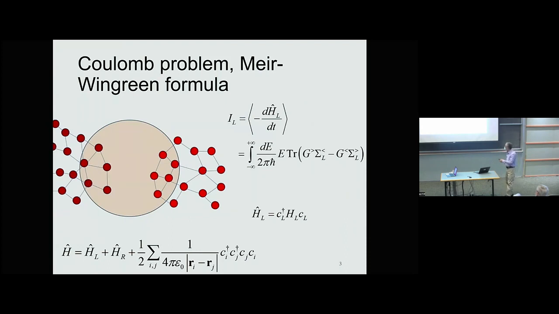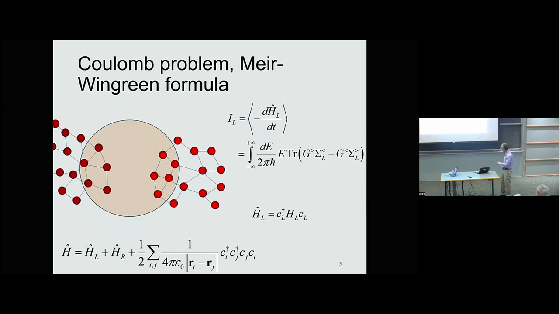So the model is such that you take a bunch of leads. This is the left lead, this is the right lead, and they have a Coulomb interaction only when they are close. The lead itself has no Coulomb interaction because the screening makes the free electron a very good model. So this is one of the leads.